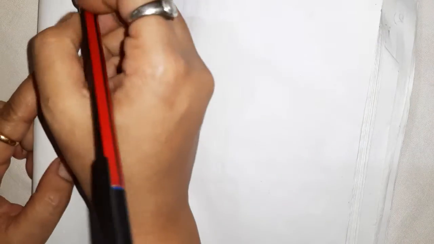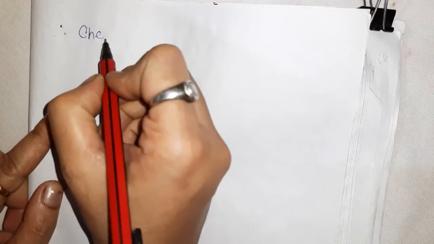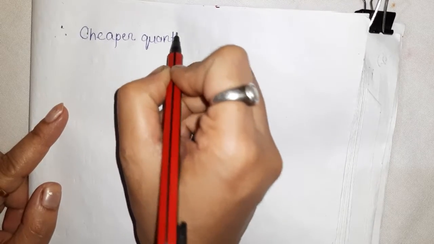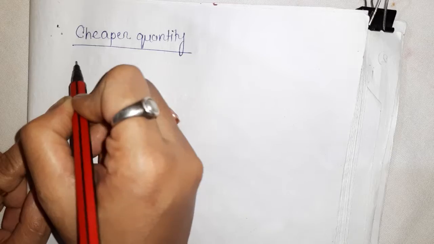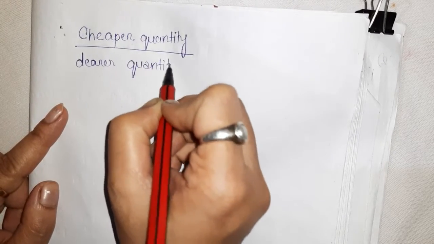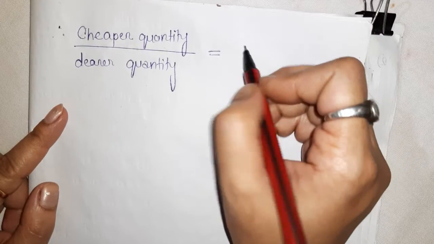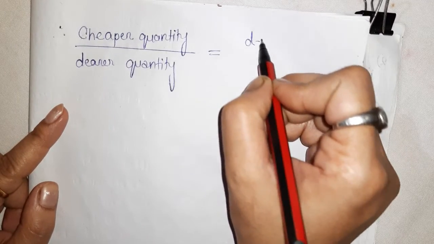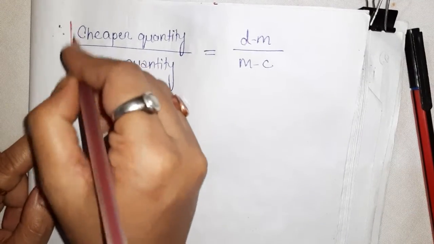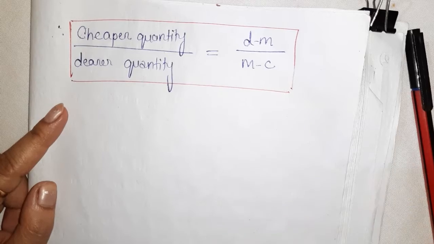So from here we get cheaper quantity divided by dearer quantity is equal to D minus m by m minus C. Okay, so this is the form.